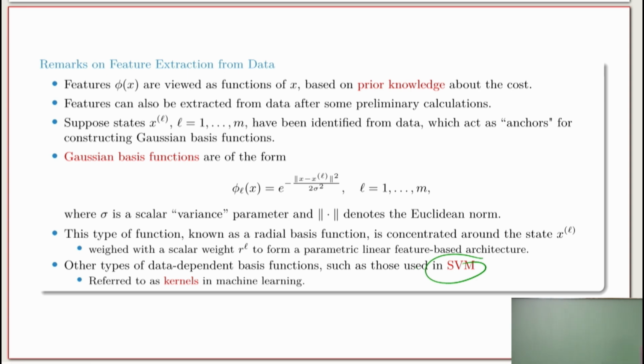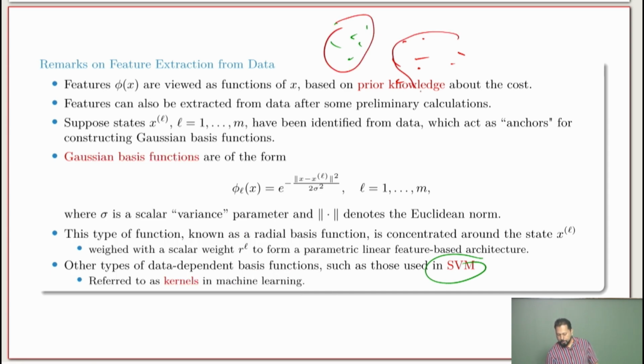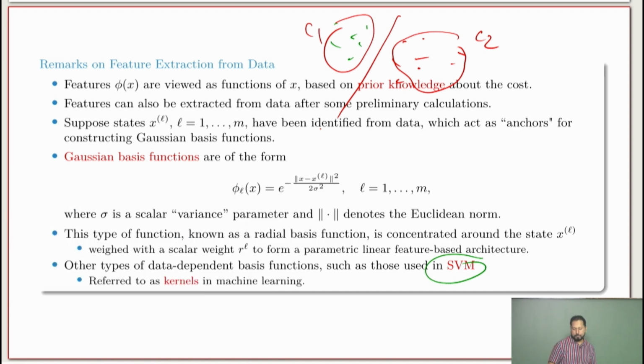That was the whole idea of SVM, because typically if the data is separable like so, and you take a convex combination of this and a convex combination of this, then this is my set C1, this is my set C2, and the separation theorem guarantees that there is a hyperplane that can separate them.